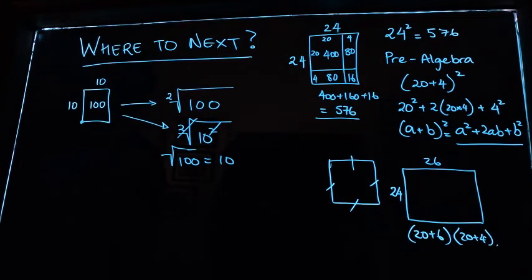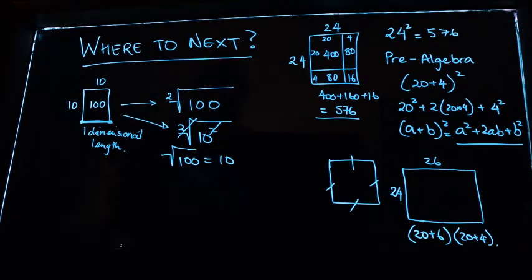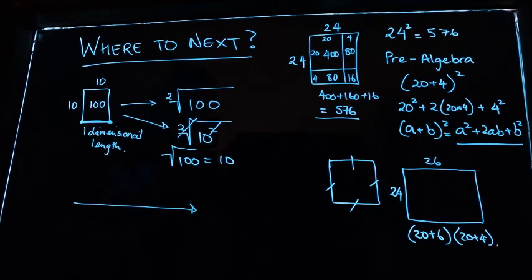But when I think about the square root, I'm thinking about the one-dimensional length that describes that square. So there's some really interesting work there, and for numbers in particular, let's do this.